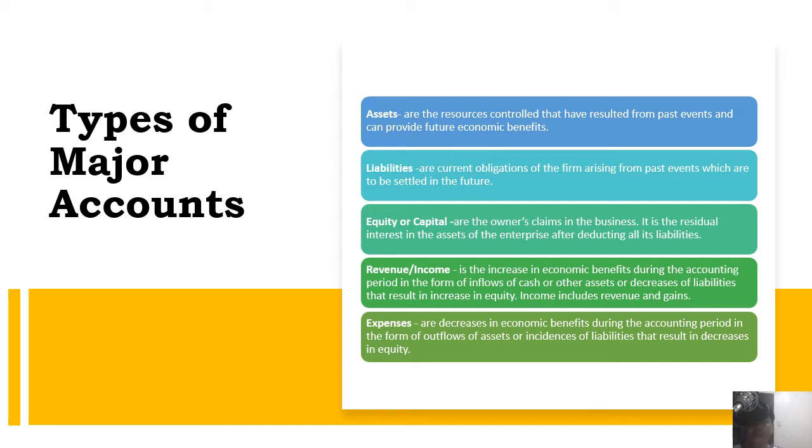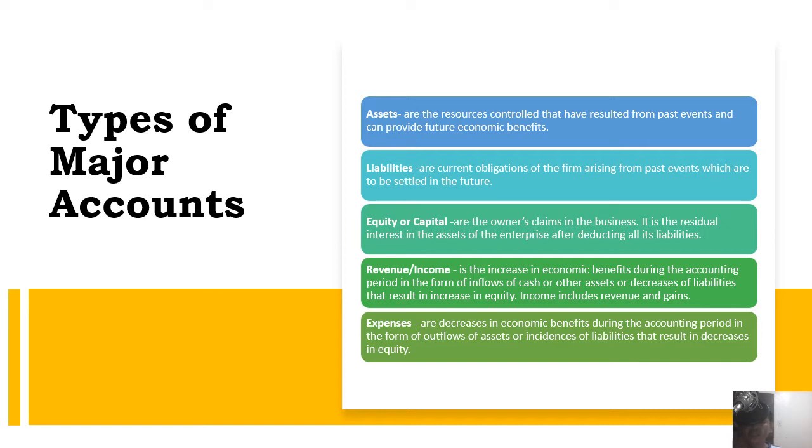Number 4, revenue income is the increase in economic benefits during the accounting period in the form of inflow of cash or other assets, or decreases in liability that result in increase in equity.